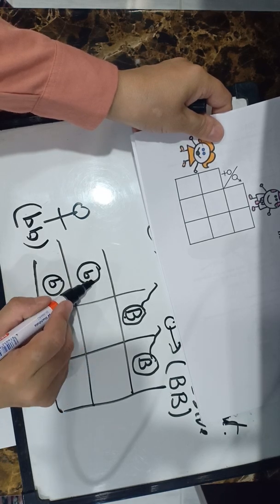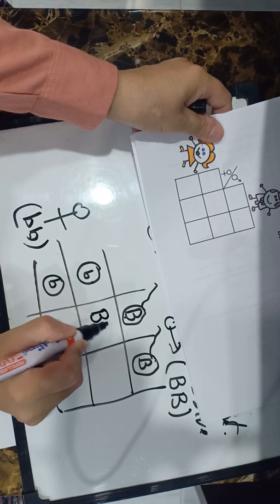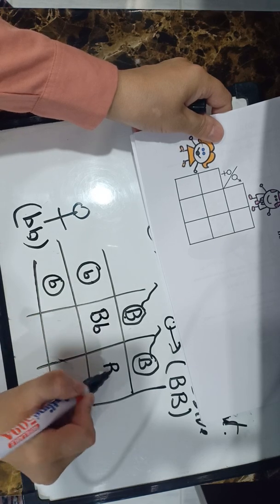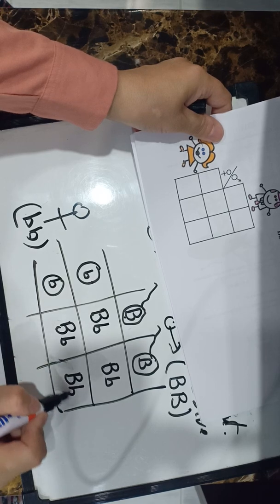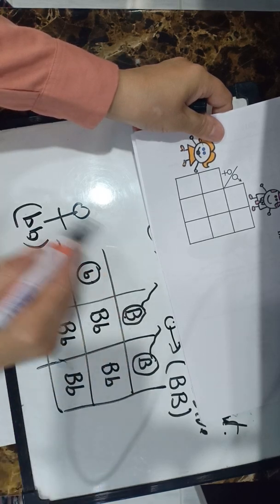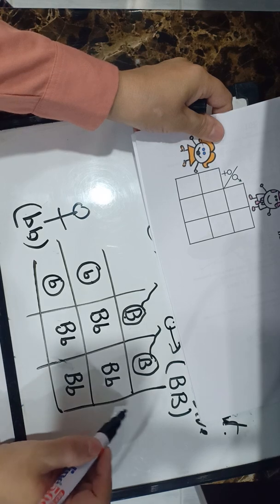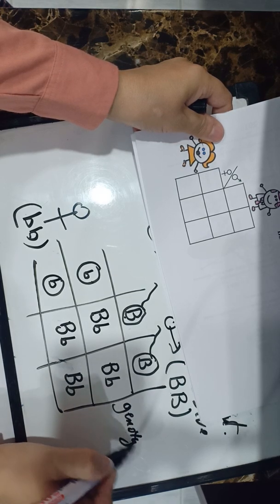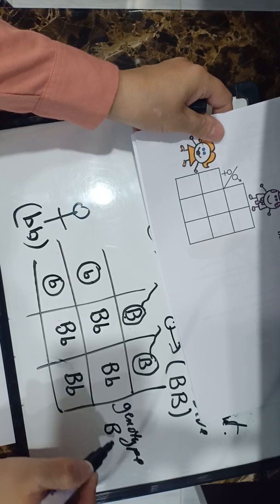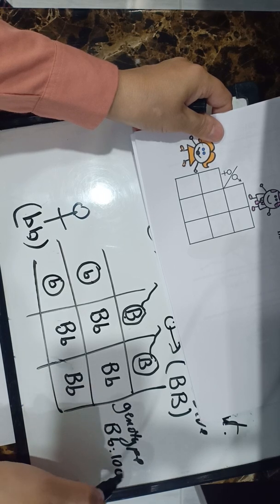If this sperm fertilizes this egg, you will have capital B, small b. Here capital B, small b, capital B, small b, capital B, small b. So all their children will have genotype capital B, small b, 100%.